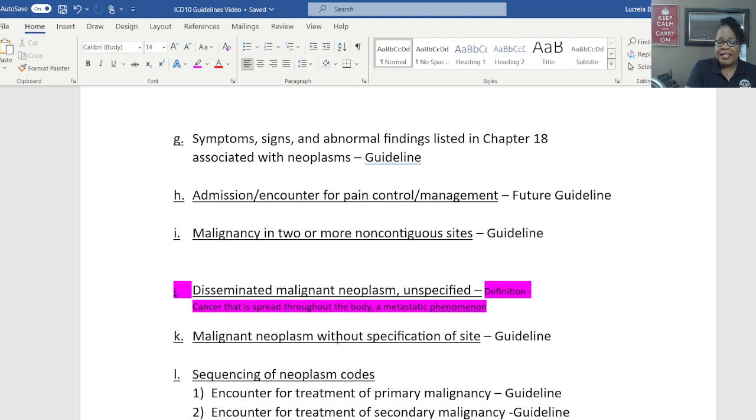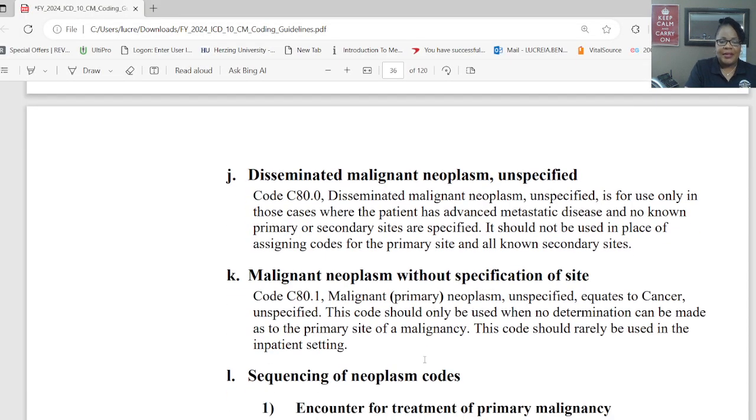K, malignant neoplasm without specification of site. When they didn't say where. Code C80.1, malignant or primary neoplasm unspecified equates to cancer unspecified. This code should only be used when no determination can be made as to the primary site of a malignancy. This code should rarely be used in the inpatient setting. And I think I saw that on the table.